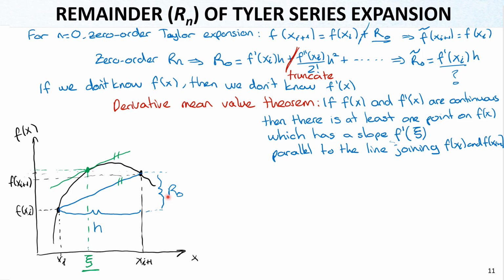We can understand how it gives the R0 value by this function. If we isolate R0, you can see that f(x_{i+1}) minus f(x_i) gives R0. So here f(x_{i+1}) minus f(x_i), which is this distance between these, gives the R0 value.